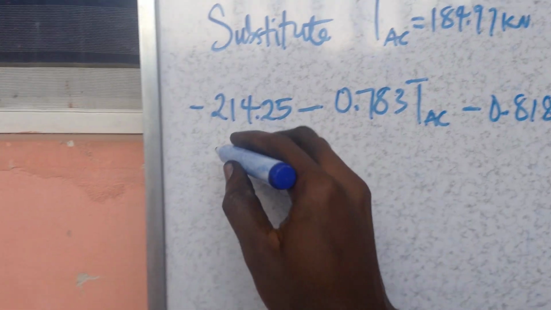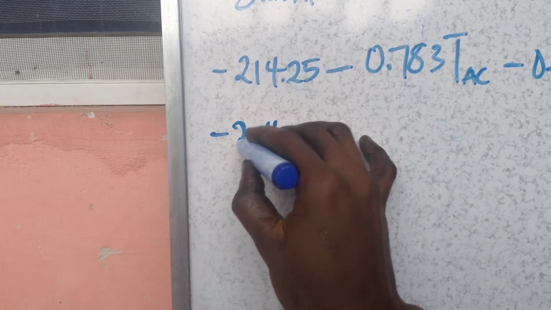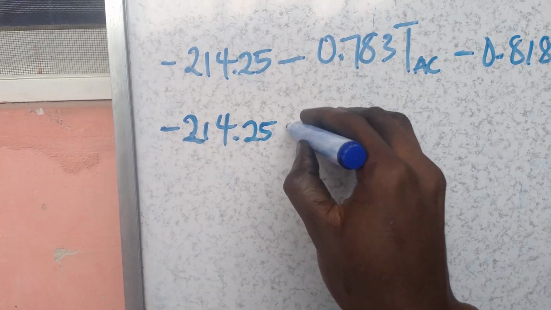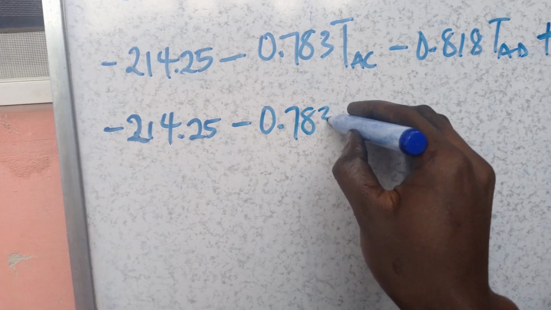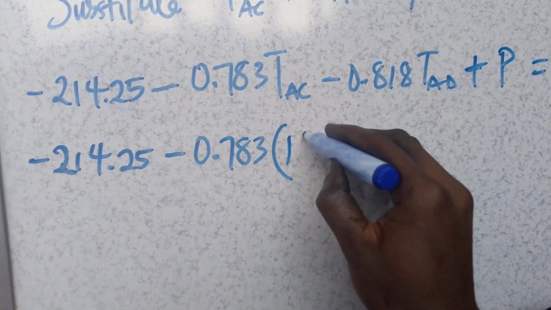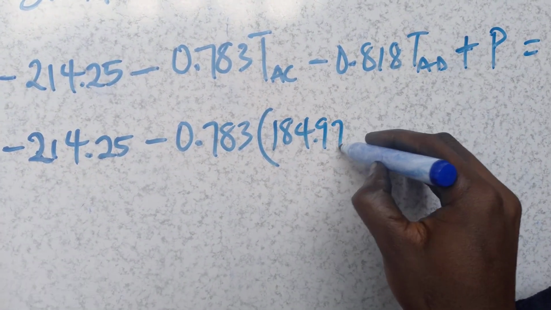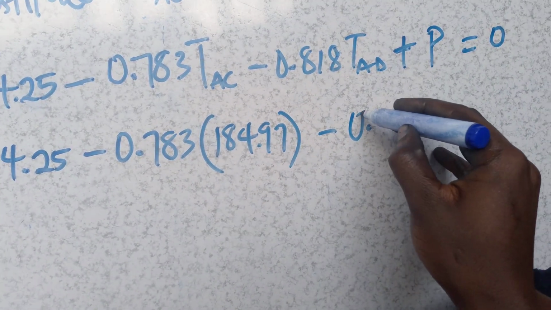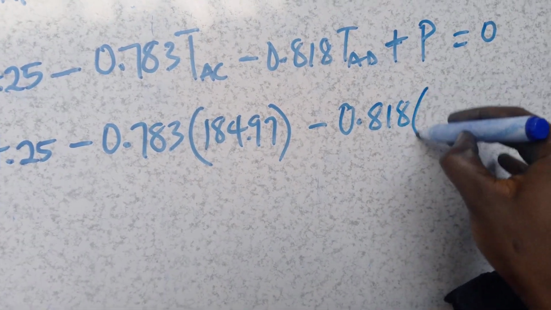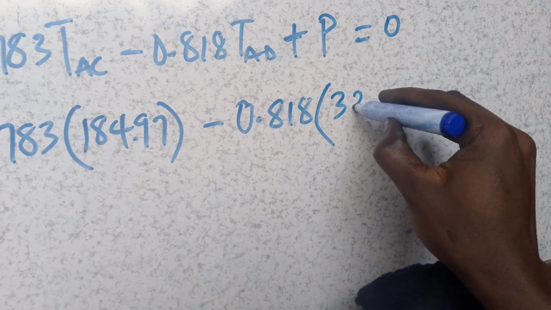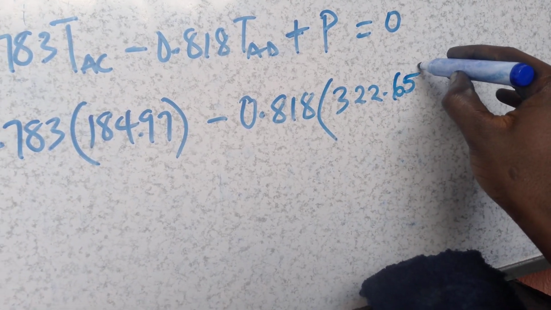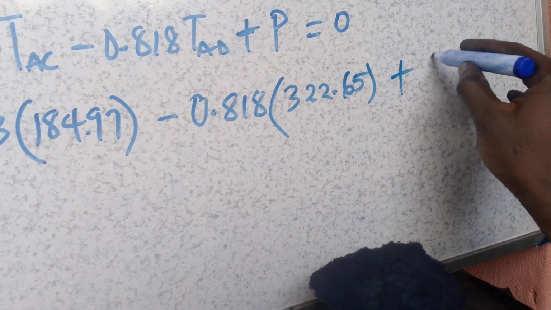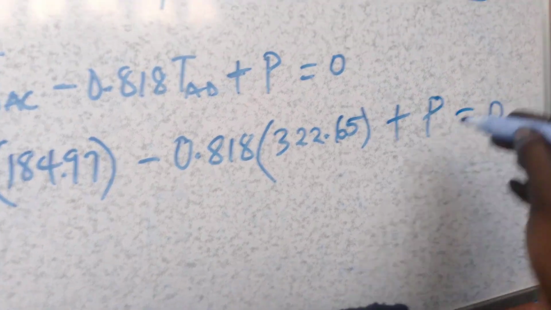Okay, so if I put the values now, I'll have minus 214.25 minus 0.783, the value of TAC is 184.97, minus 0.818, the value of TAD is 322.65, plus P is equivalent to 0.